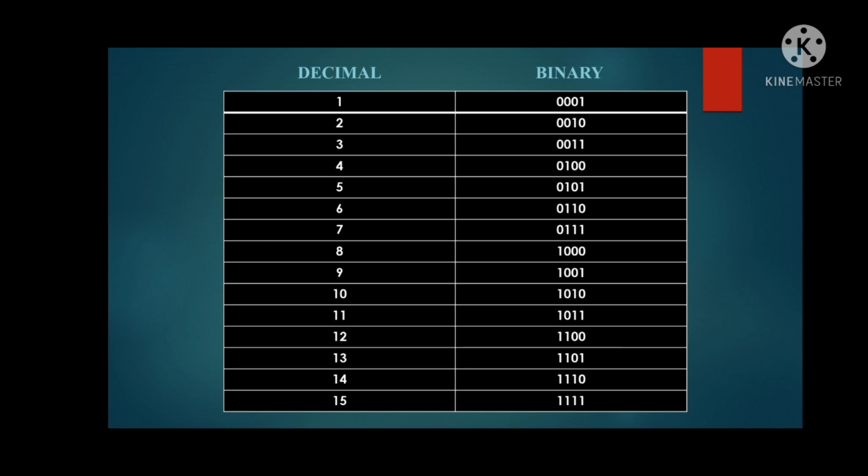So, here I have the table of the numbers. The decimal numbers are on the left side and the binary numbers are on the right side. You can see that the numbers are from 1 to 15. So, the maximum is 15. I'll tell you why once I start explaining it. And you can also see that there are just four bits of numbers on the right side, like I have given 0 0 0 1, right?